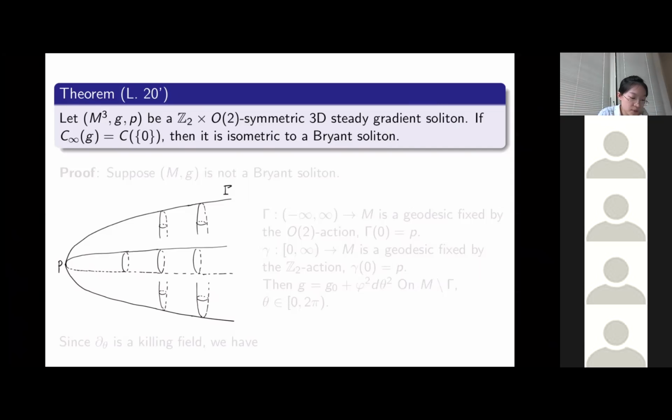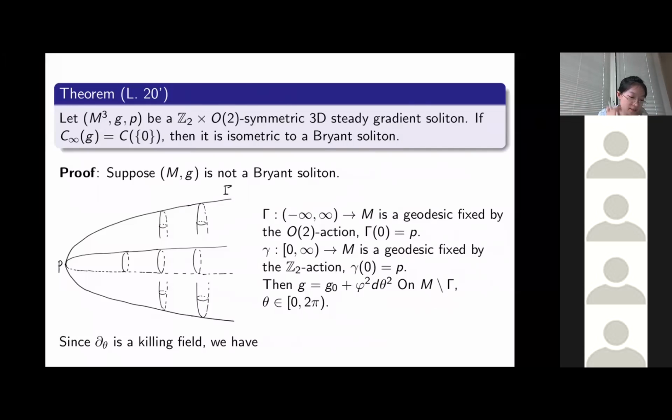Let's assume this is not a Bryant soliton. Then what we can show first is that it has to dimension reduce to a sphere soliton along the edges of the wing.